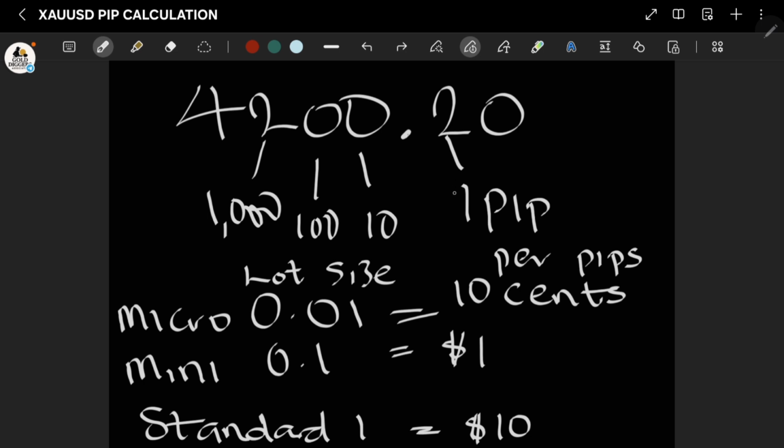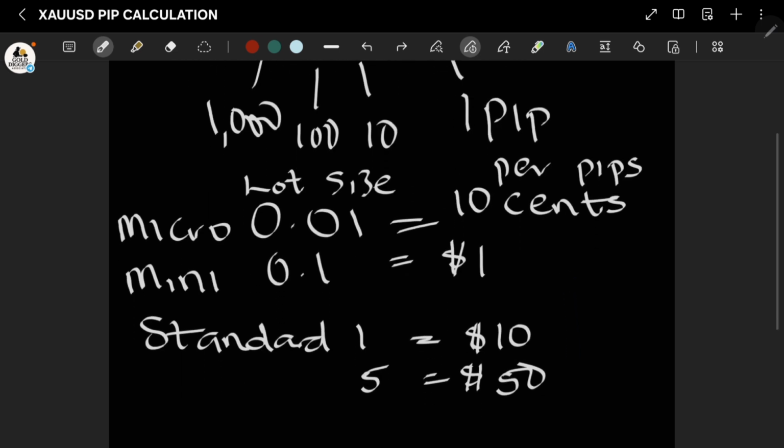If here goes to 201 instead of 200, that is a 10 pip movement on gold. And if here goes to 210 instead of 201, that is 100 pips movement, and so on and so forth. So you need to understand how the pips move to be able to calculate.